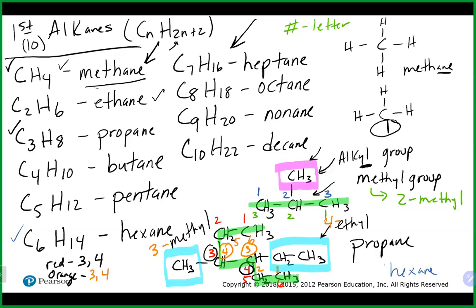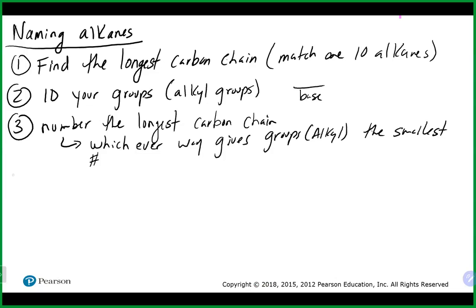Any questions on the numbering part? So in this particular case, we actually would want to do it the opposite way. And the reason we would want to do it the opposite way is rule number 4. When we go to name these guys, now that we have the longest carbon chain, we know the name of it, we have all the groups and we know their names and we know where they are sitting.